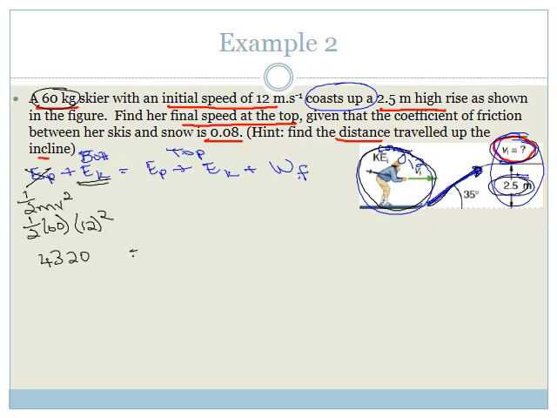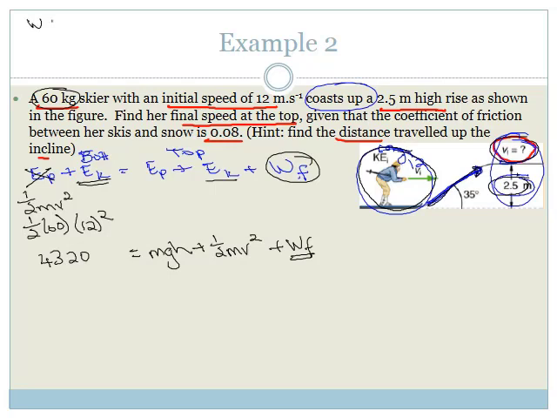So she's going to get up to the height, so she's going to have mass times gravity times height, plus she's going to have some kinetic energy, so half mv squared, plus the work done against the force of friction, so WF. Okay, but now let's talk about this work done against the force of friction, because that there is a little bit of a tricky calculation.